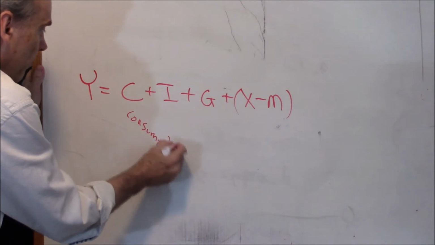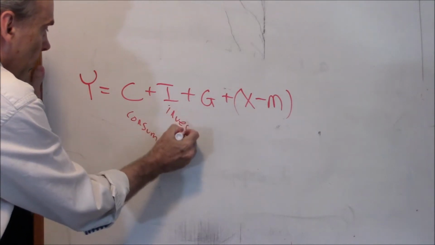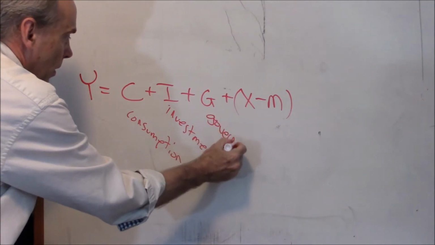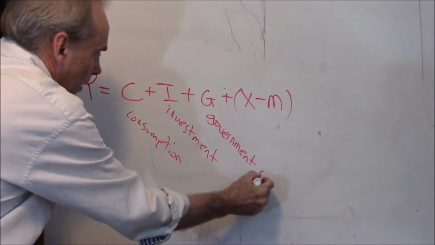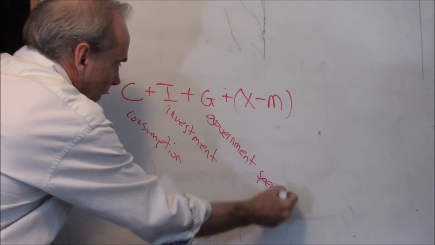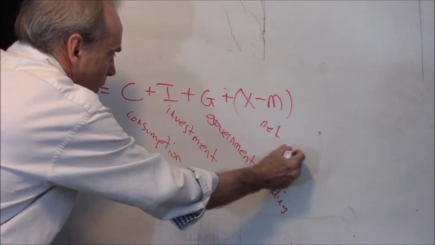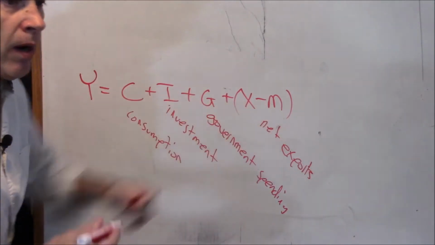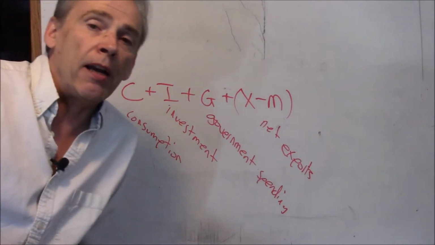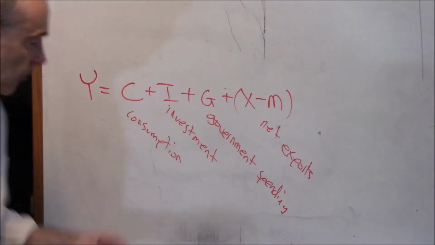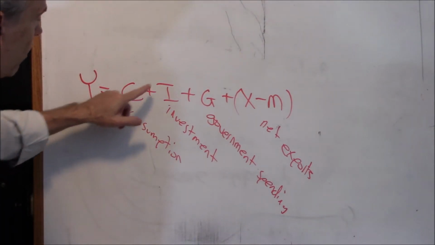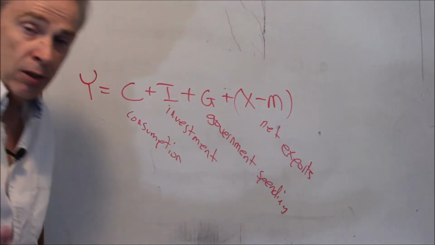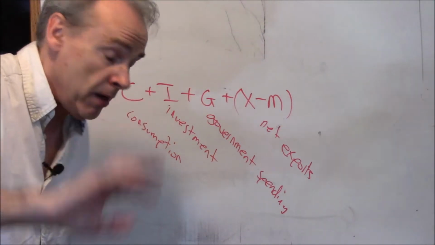Consumption, investment, government spending, and net exports. How much we sold minus how much we bought, right? Net exports. So that's how we calculate GDP every year. We add up consumption expenditures plus investment expenditures plus government expenditures plus net exports. And of course, all this is creating income at the same time, but we'll get to that in a minute.